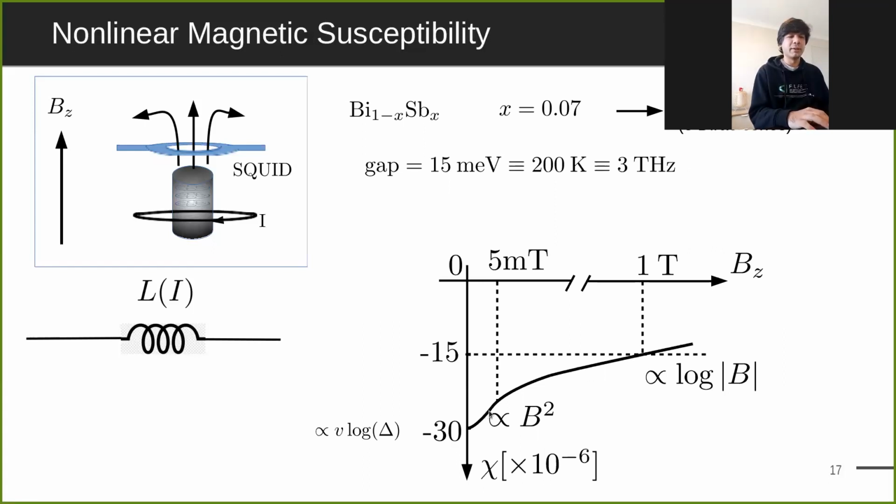At very small magnetic fields, you get the linear component of the diamagnetic susceptibility of Bismuth, which is about -2 × 10⁻⁵. As you increase magnetic field, it first drops quadratically, and then if you go beyond 5 millitesla, it drops logarithmically. So you can halve the diamagnetic susceptibility of the system by applying a field of about 1 Tesla. So it's a very easy to measure effect.